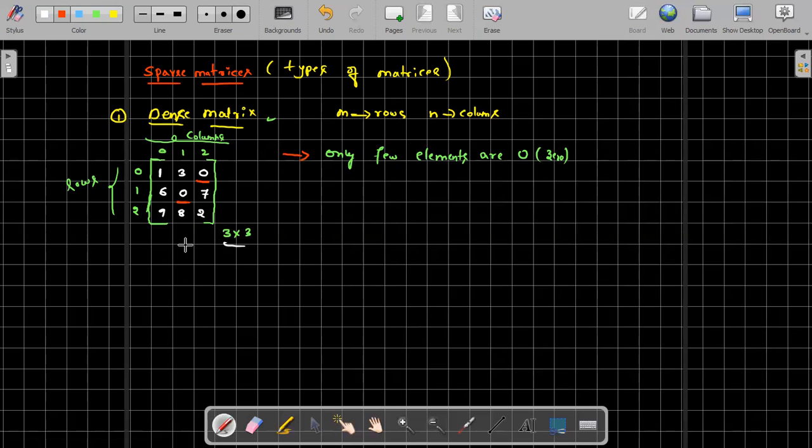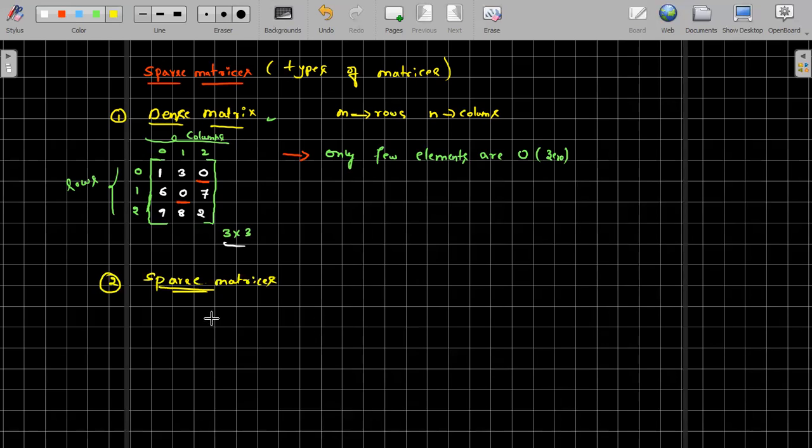If you understand this, let's go to the second one, that is the sparse matrix. Now you will want to understand what this sparse matrix is. Basically, the same thing: we take 3 cross 3 here.